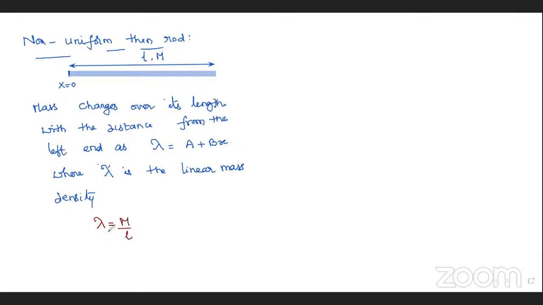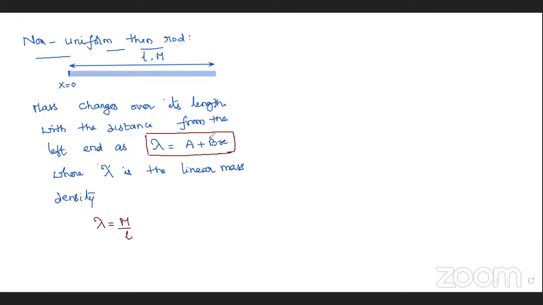Here it shows the mass is changing from point to point in the rod. How that mass changes from the left end, I am saying here: from the left end, the mass changes according to this formula.